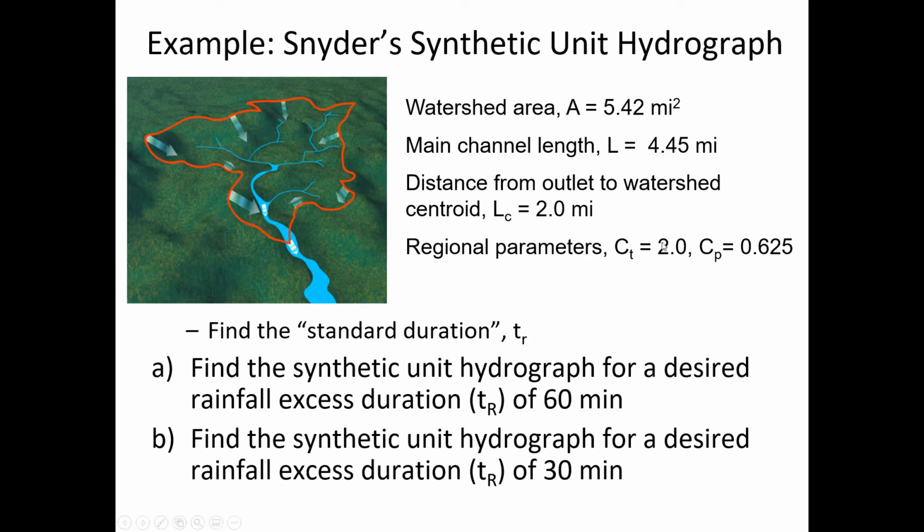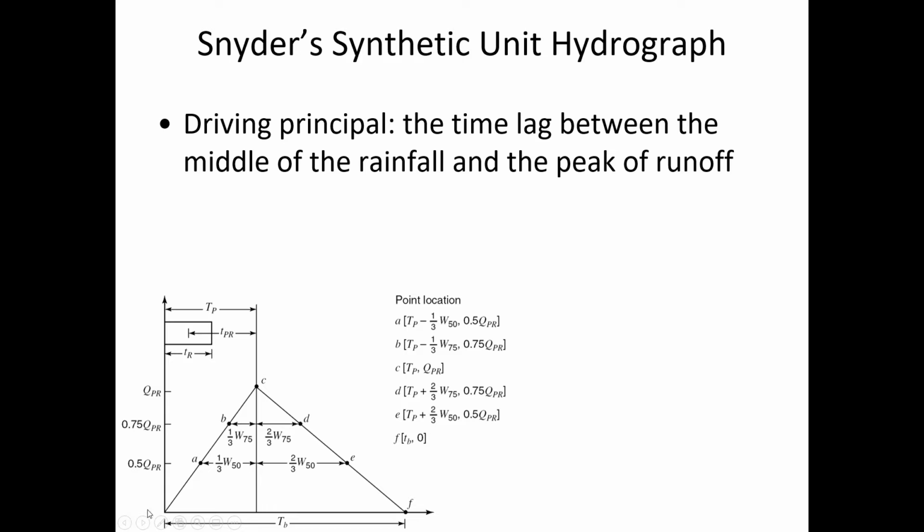So that's what these C-value parameters are. And what we have to do is go through the process to ultimately predict what does the hydrograph look like. Like the hydrograph itself is going to be how much flow rate, CFS, you get from an inch of rainfall excess.